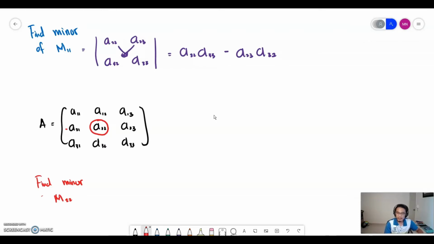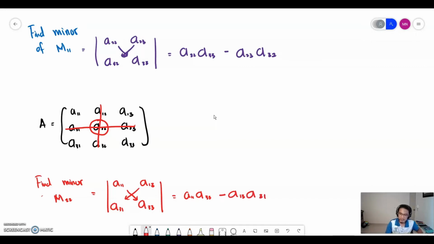So I delete the row and I delete the column of the element. What is left is A11, A13, A31, and A33. So I do the multiplication: A11 multiply with A33 minus A13 multiply with A31. So that is the minor for M22.